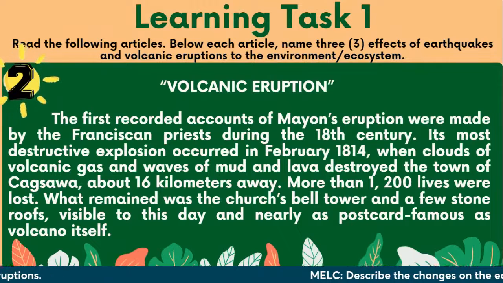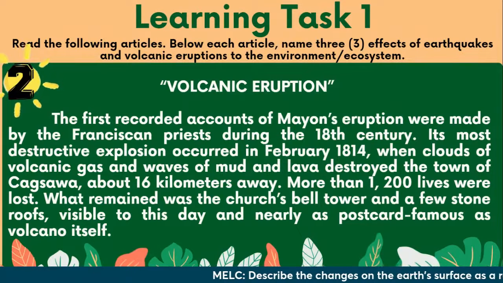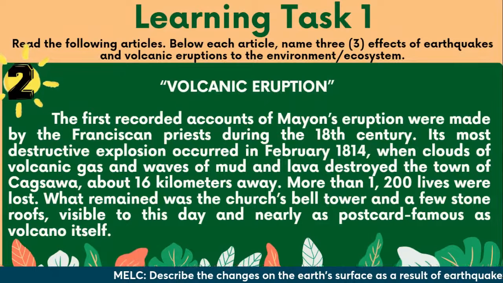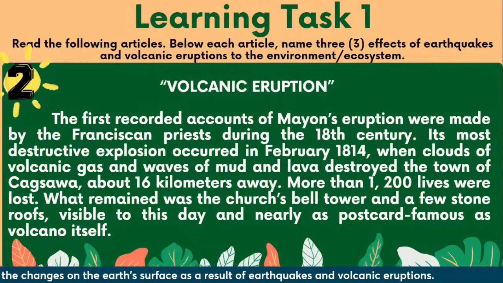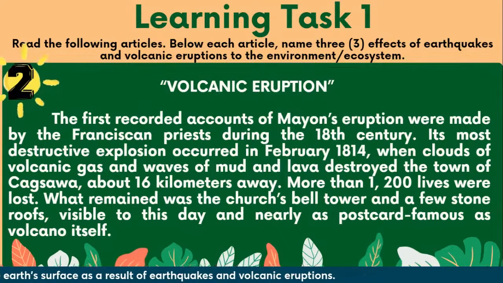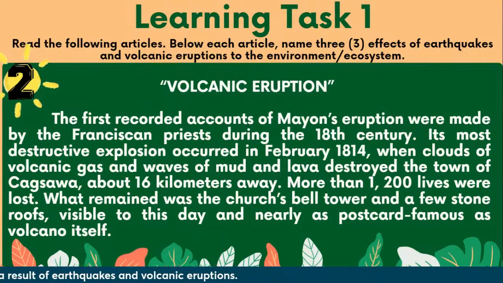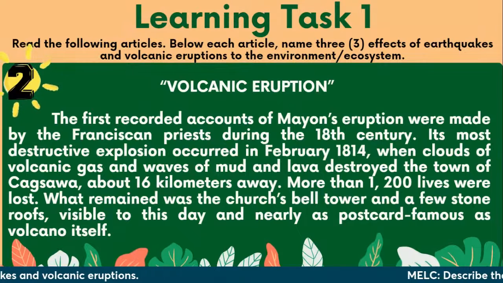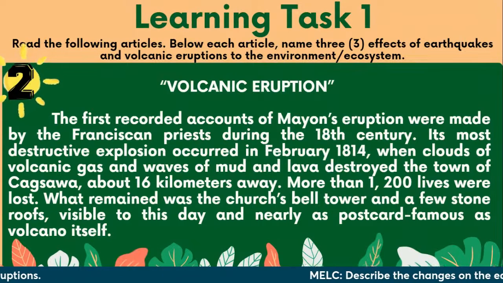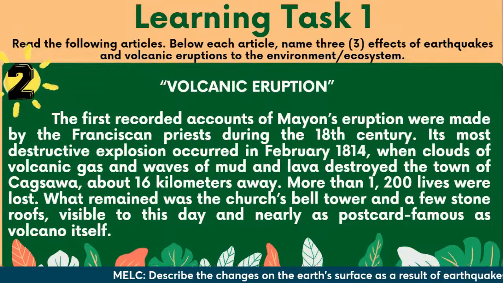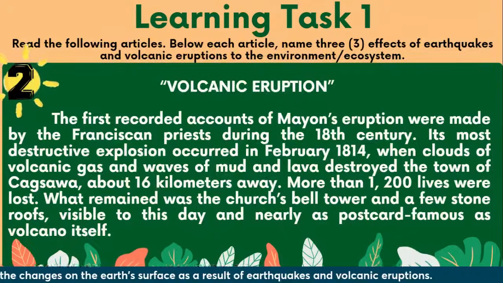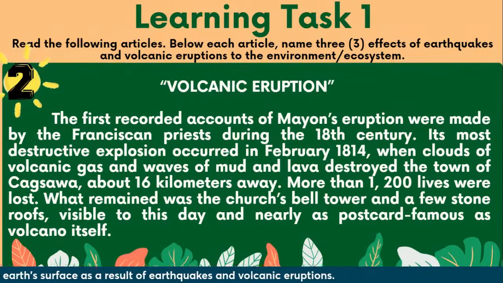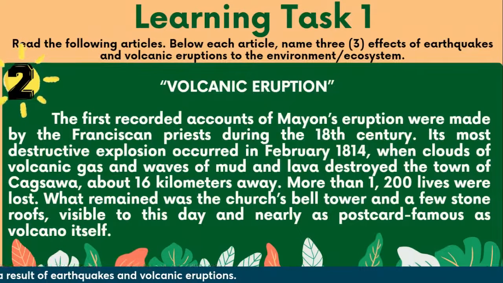Its most destructive explosion occurred in February 1814 when clouds of volcanic gas and waves of mud and lava destroyed the town of Cagsawa, about 16 kilometers away. More than 1,200 lives were lost. What remained was the church bell tower and a few stone roofs, visible to this day and nearly as postcard famous as the volcano itself.